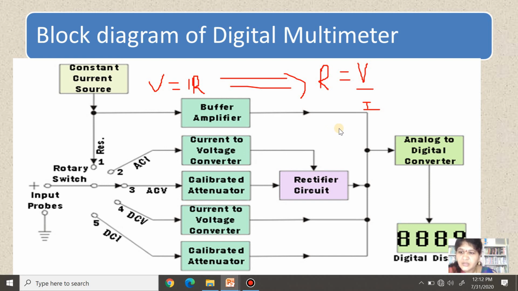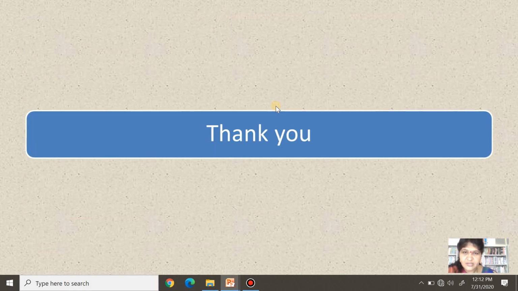This is how the digital multimeter is used for the measurement of AC and DC currents, AC and DC voltages, and resistance.